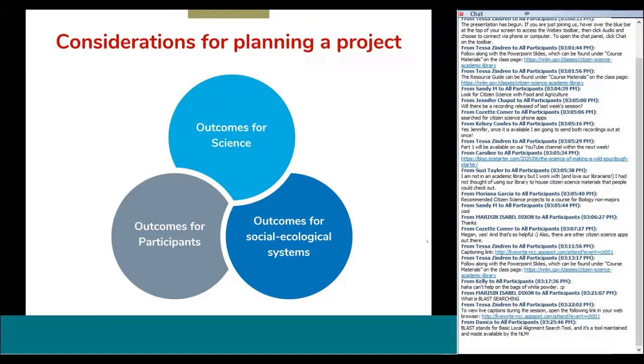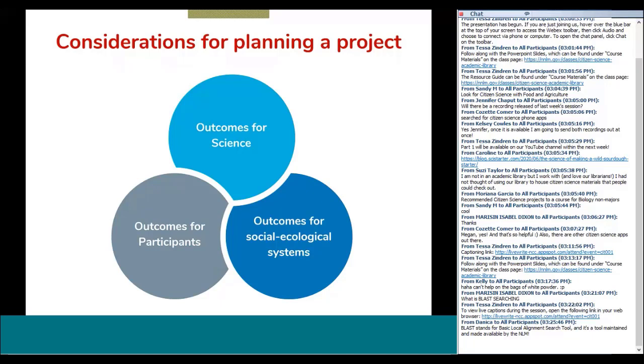These are in three categories, and these might be, and probably should be, something that the researcher is coming up with, but if you've participated in a lot of projects, you will be able to give some input as to, hey, participants generally can get this outcome from a project, and to help brainstorm with the researcher. So these outcomes are those for science, those for individual participants, and those for social ecological systems.